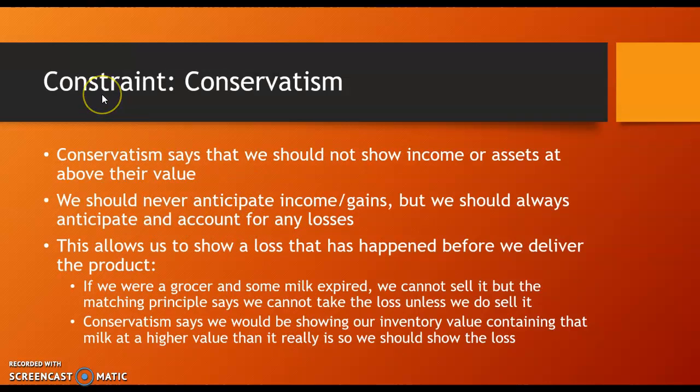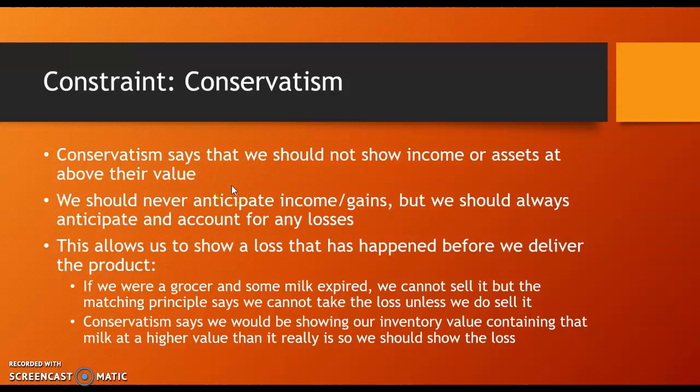We also have a constraint that we talked about back in Chapter 2 in Accounting 201 called conservatism. Conservatism says that we should not show either income or assets above their value.